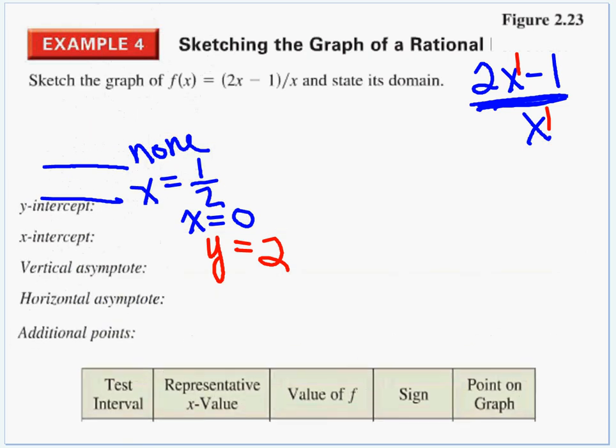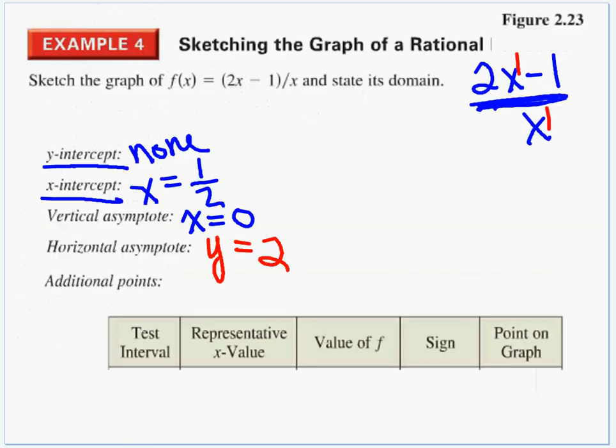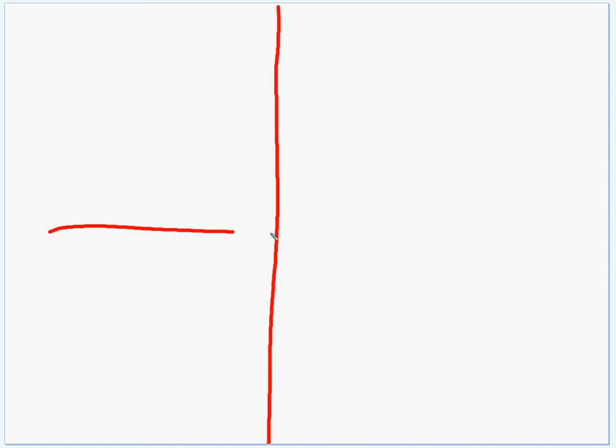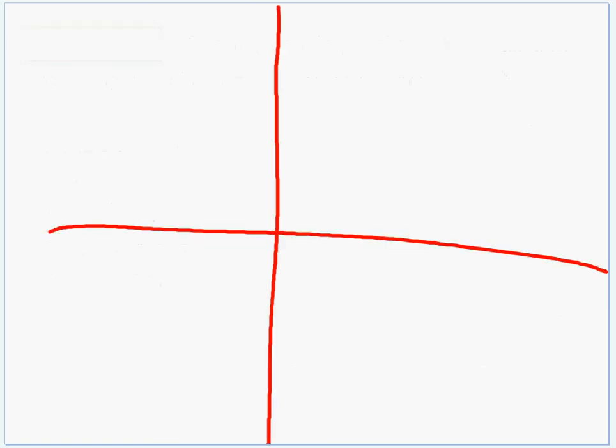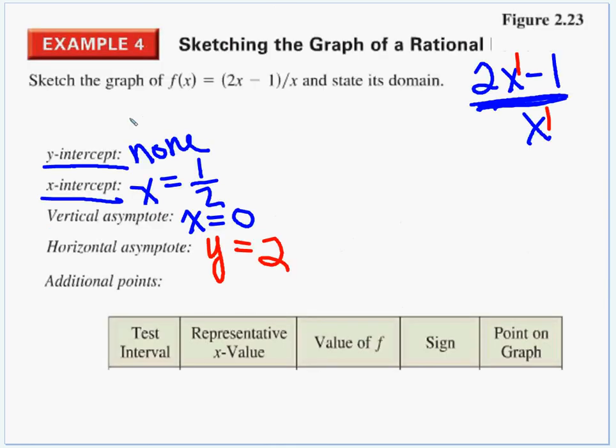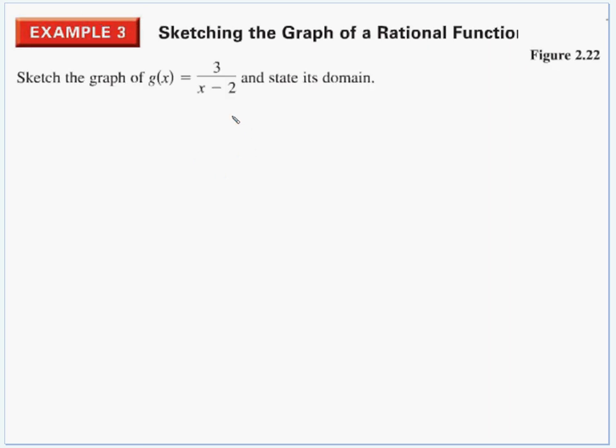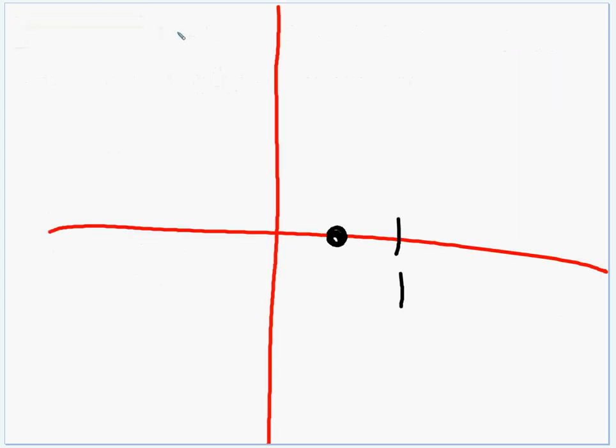Now let's start working on a graph here. Let me make a new slide. So some of the stuff we figured out: no y-intercepts. X-intercept is at 1/2. So if I make this 1, we're going to hit the x-intercept at 1/2. Vertical asymptote is the y-axis, x is 0.